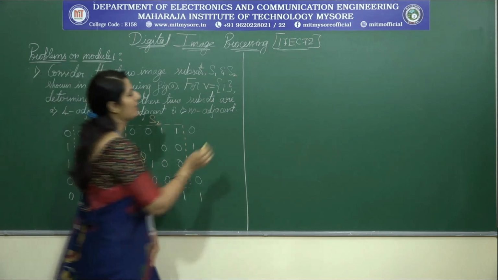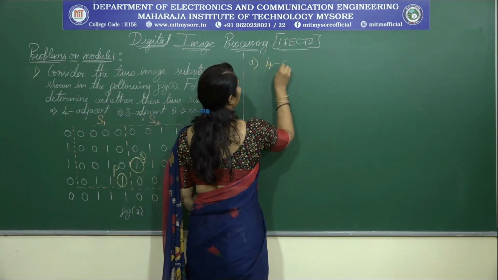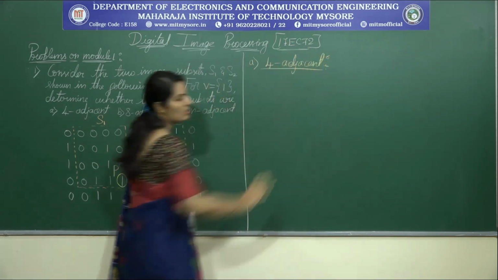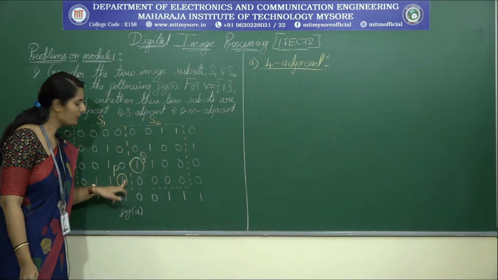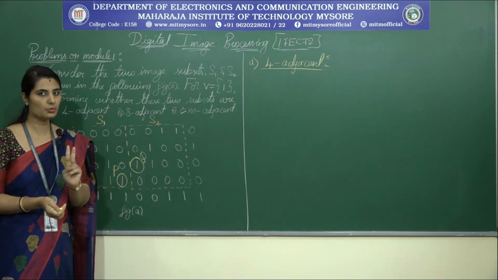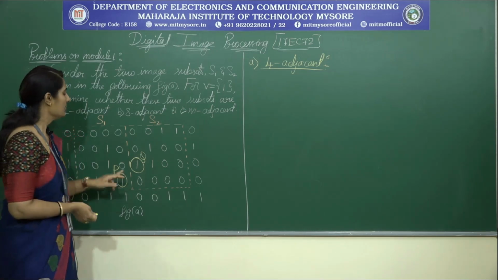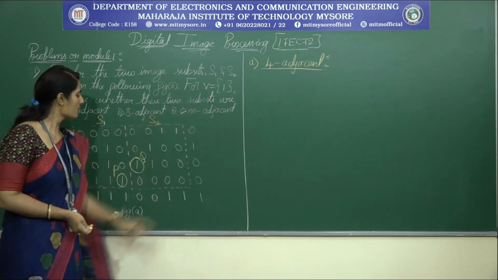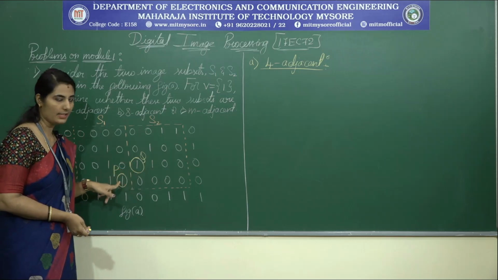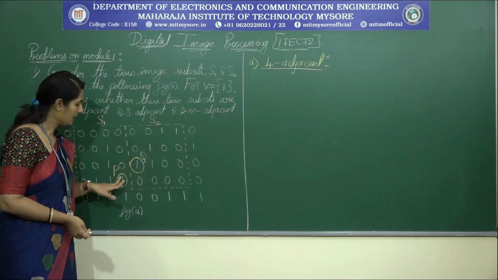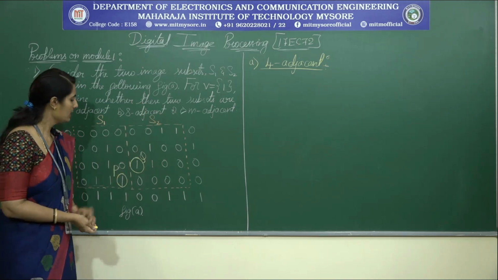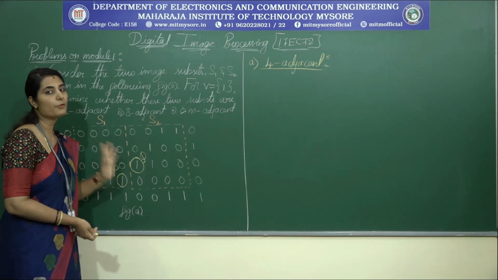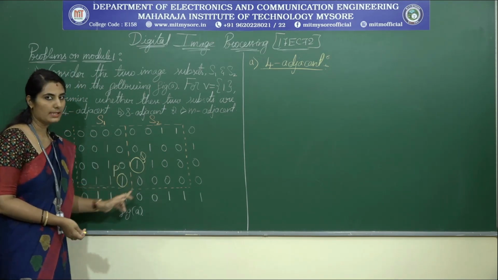First, let me take 4 adjacent. To say that two pixels are 4 adjacent, we have to check two conditions. The first condition is that these two pixels should have the value given in the set V. This condition is satisfied by P and Q, both having 1 as in V. The second condition is that Q should lie in the N4 of P. What is N4 of P?